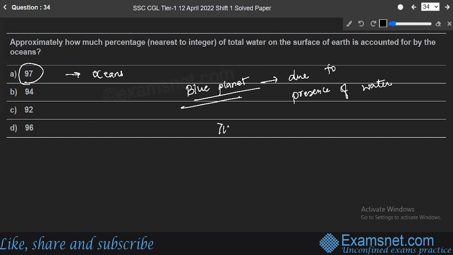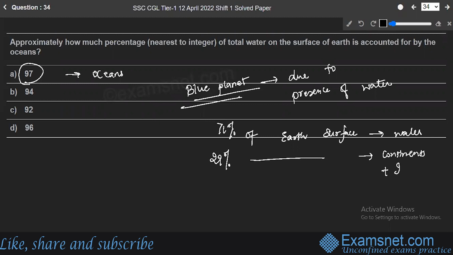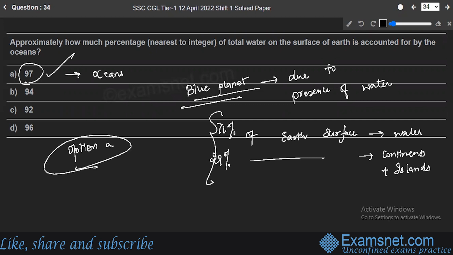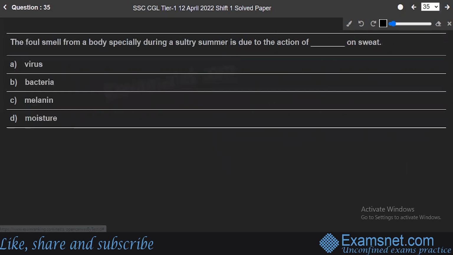Around 71% of Earth's surface is covered with water, while 29% is covered with continents and islands. So the answer to this question is option A, 97%. Hope you understood this. Then let's move to the next question, number 35.